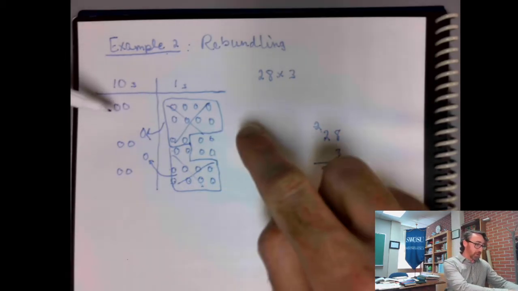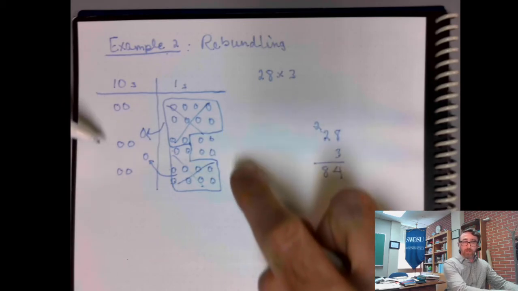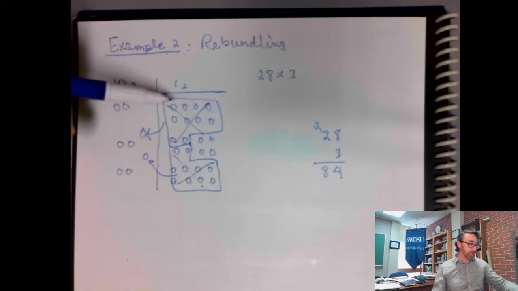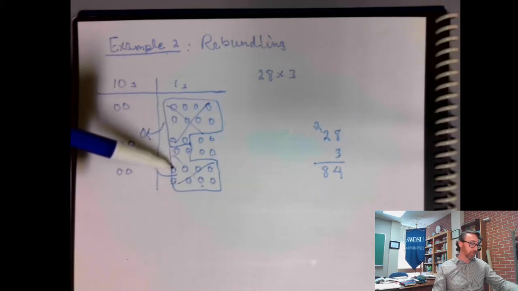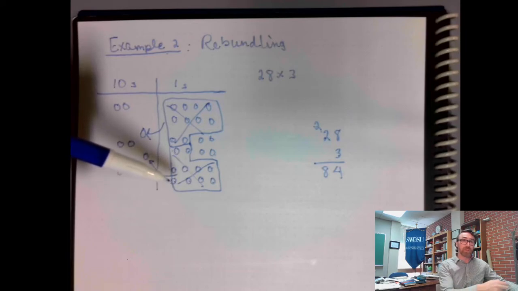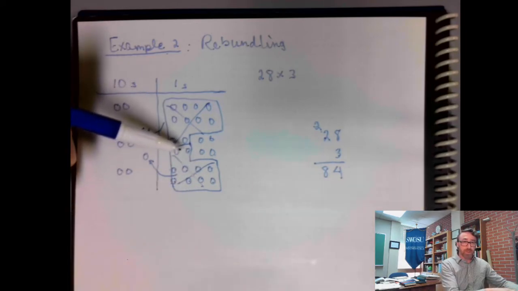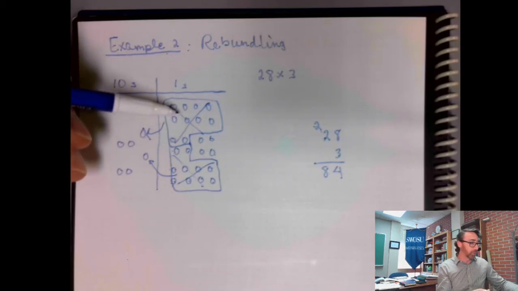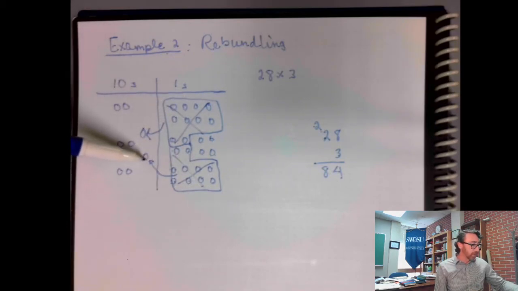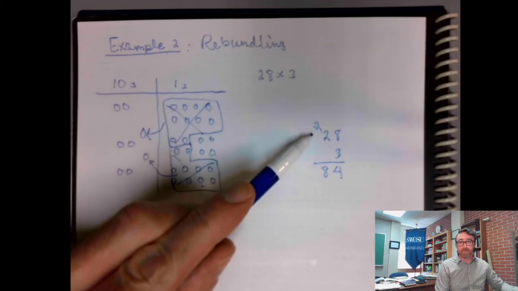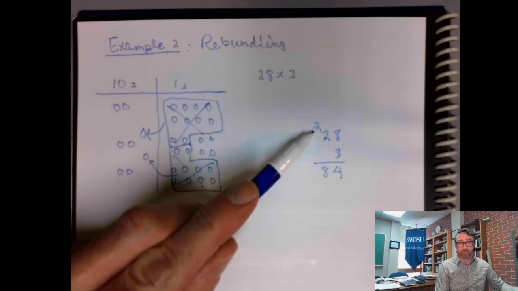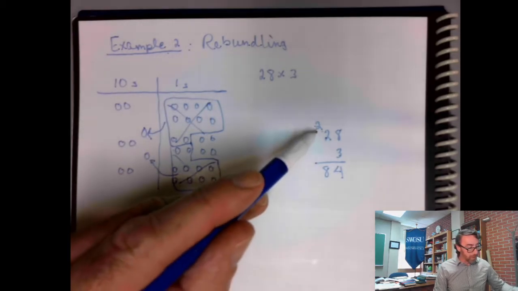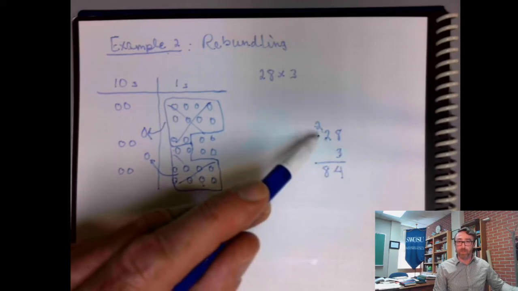We started by loading in 3 copies of 28. That left us with 6 rows of 4, which is 24 chips in the ones place, because 3 times 8 is 24. So we traded in 2 groups of 10 and got 2 more chips in the tens place. This is a good problem for illustrating why this 2 is added after we multiply.